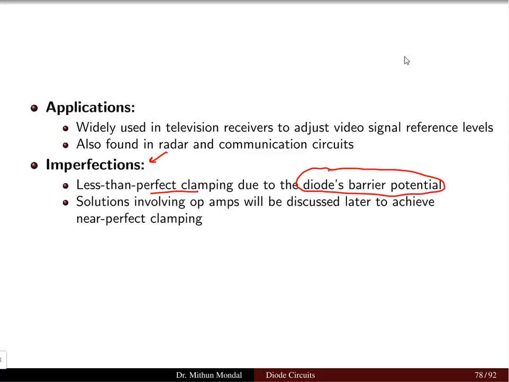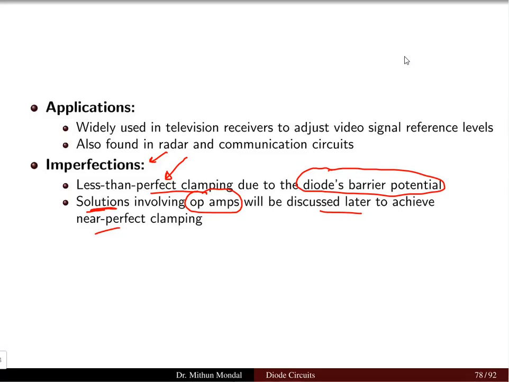So the barrier potential of the diode does not help the circuit to get perfect clamping. There are solutions to get perfect clamping, which involve an op-amp circuit along with the clampers, and this will be discussed in detail in the coming lectures.